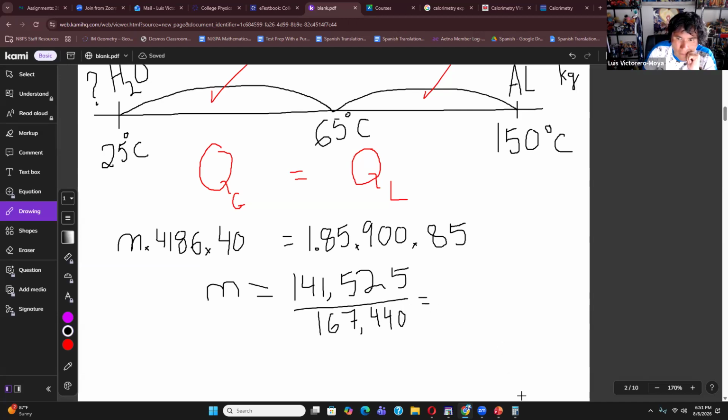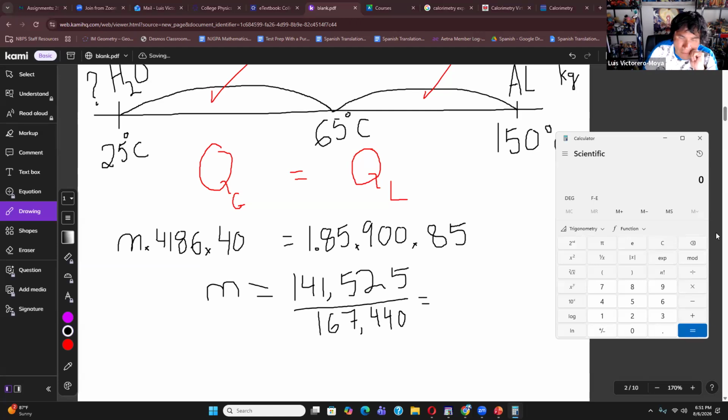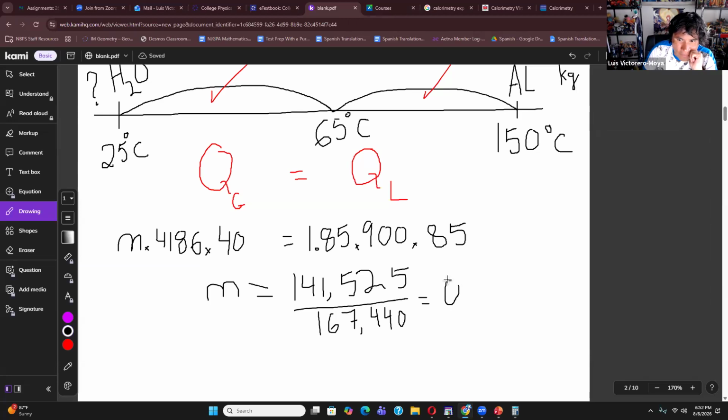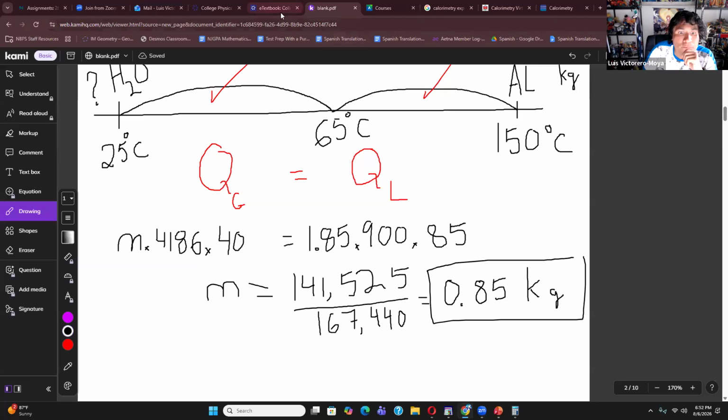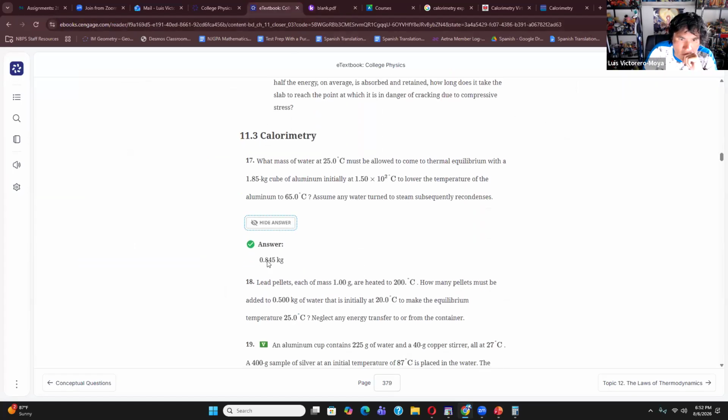All right. So let's see what mass of water that was. Yeah, not a lot. 0.84, yeah, 0.85 kilograms. Is there an answer? 0.845.